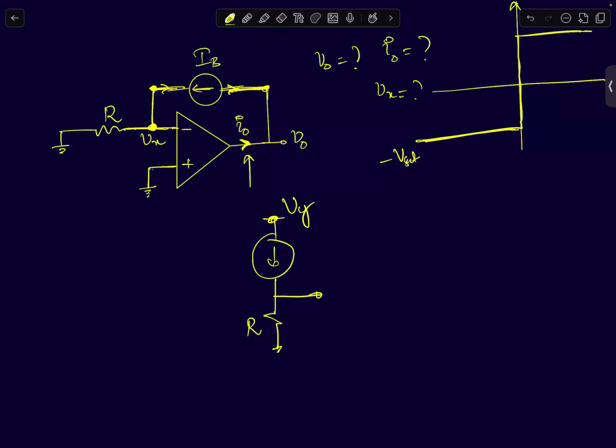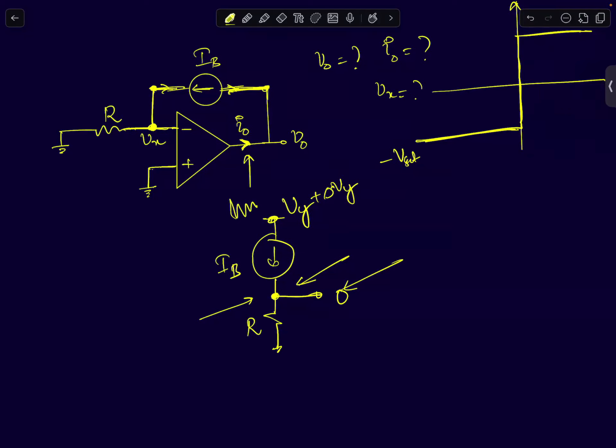I change this node voltage by delta Vy. What will be the change of this node? It's a current source, keep that in mind. Let's call this IB. No change, right? Because the change here will be 0. So if I'm changing something here, no change happens here.